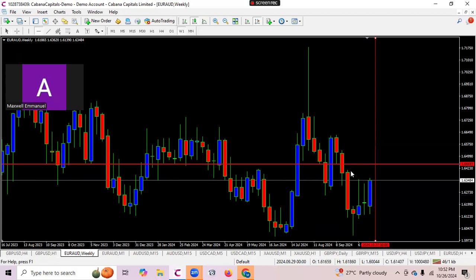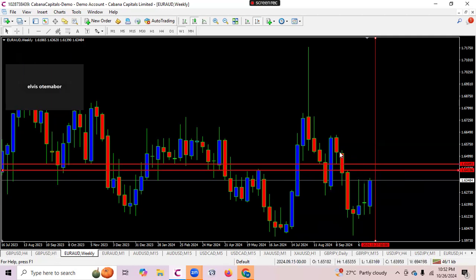So this pullback could be to fill this fair value gap. That could be the reason for the pullback. Are you with me? To clear the liquidity residing at these previous highs, and also fill this fair value gap that was created on the weekly time frame.